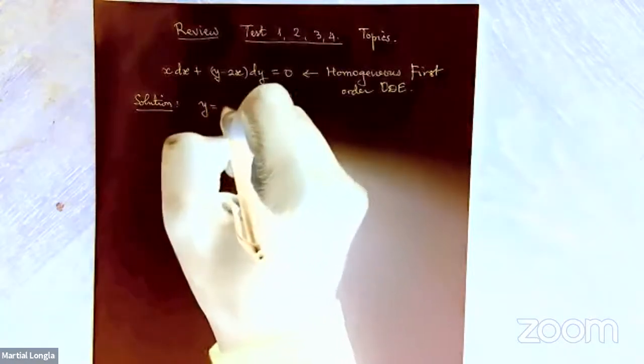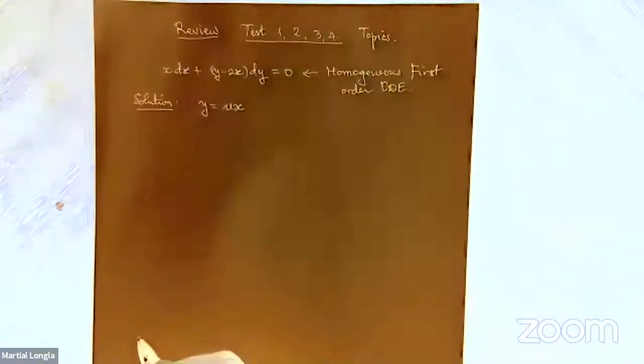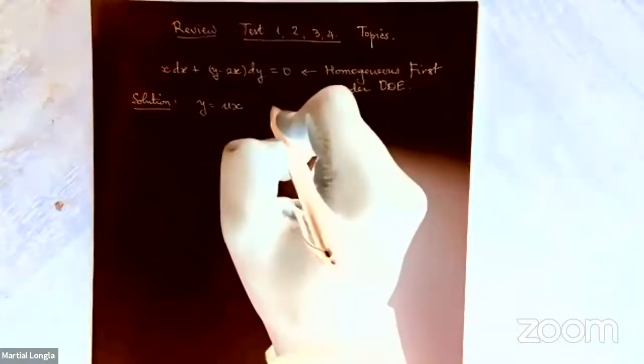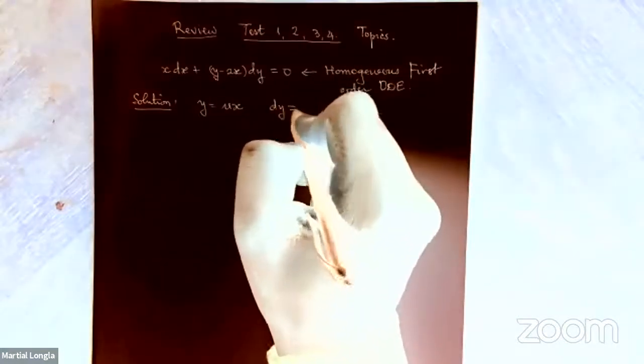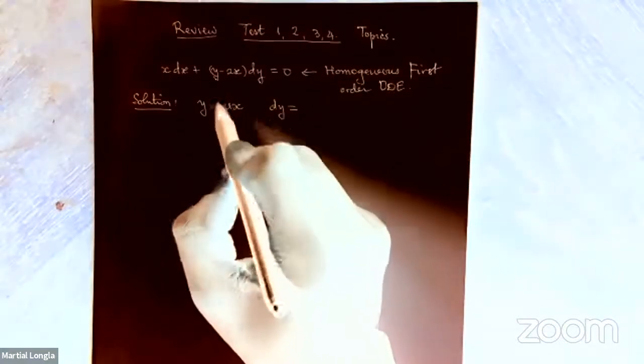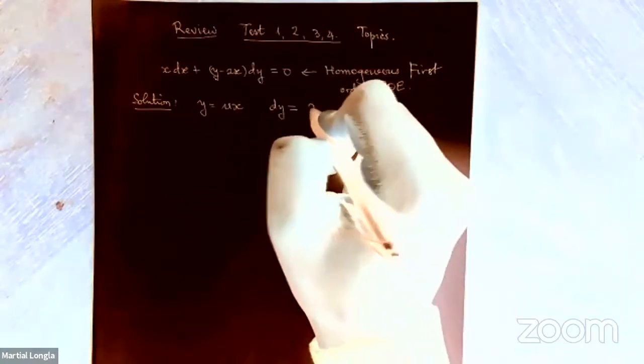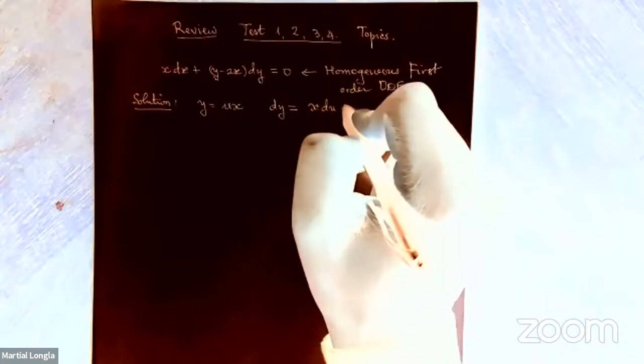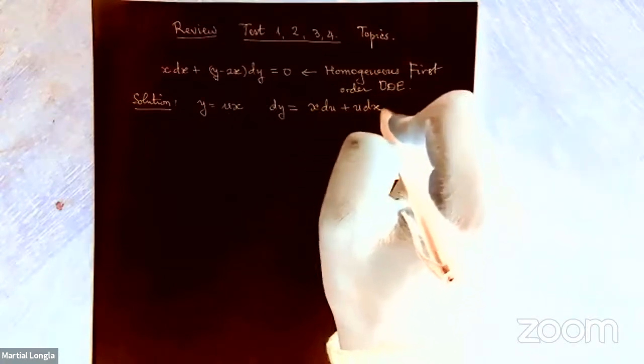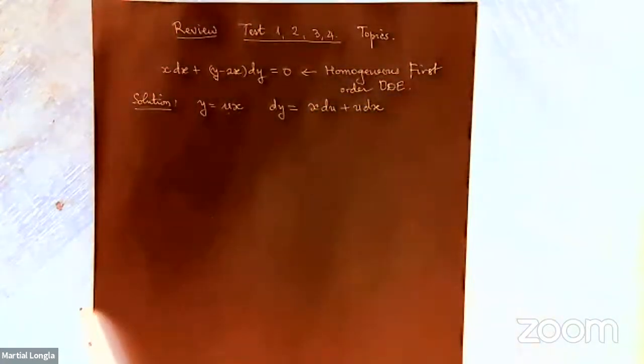So here, if we want to solve this, we are going to say y equals ux, and then find dy using the product rule, because u is a function of x. So that's going to be x du plus u dx. That's applying the product rule to find the derivative of ux.